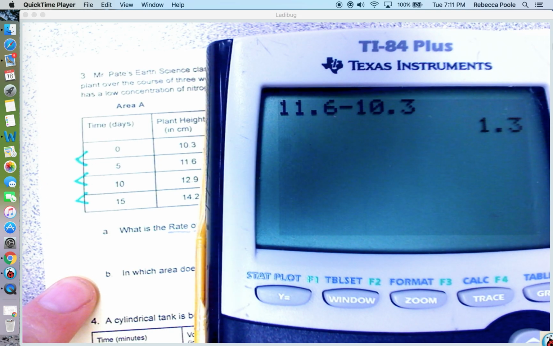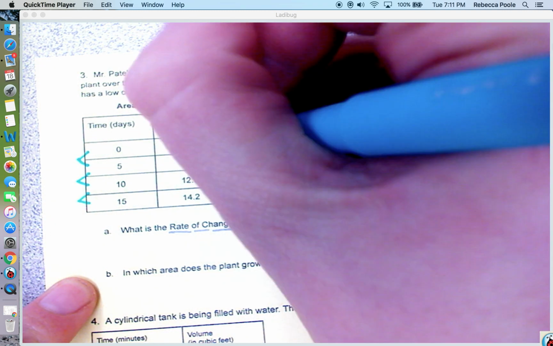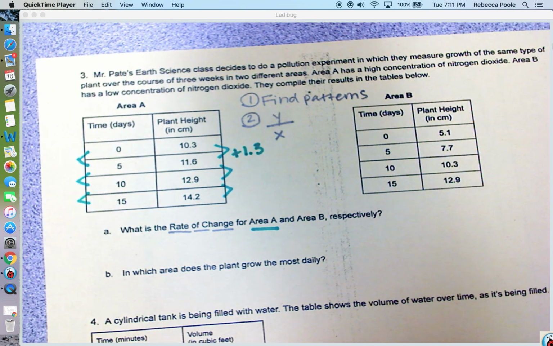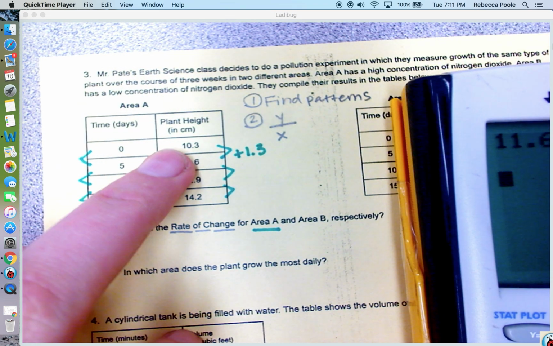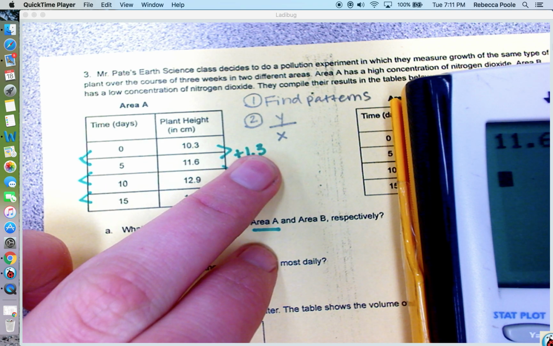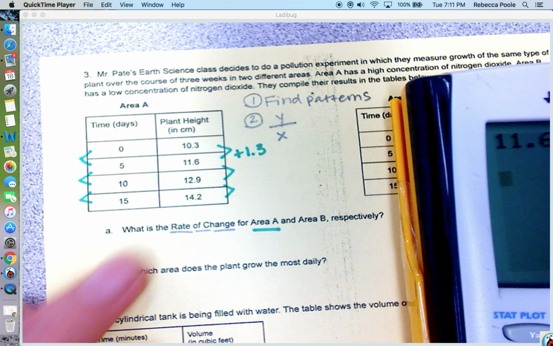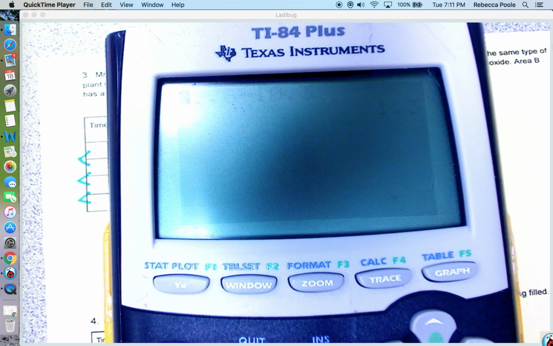And I got 1.3. So now let's check it. If I do 10.3 plus 1.3, do I get 11.6? Okay, I did.